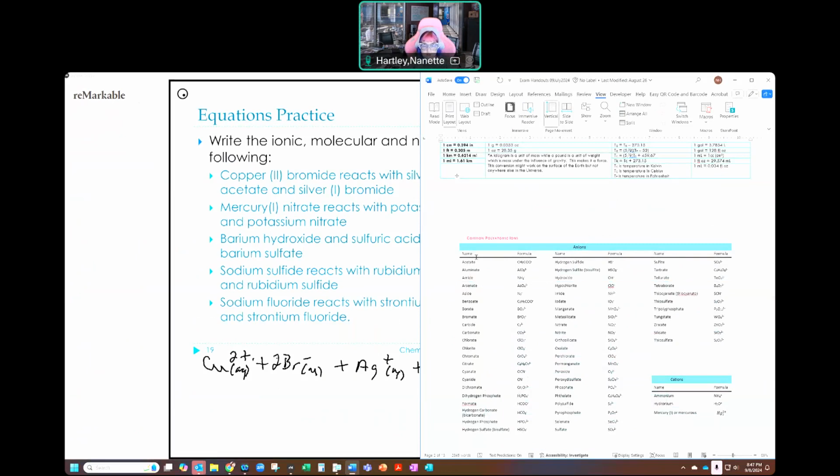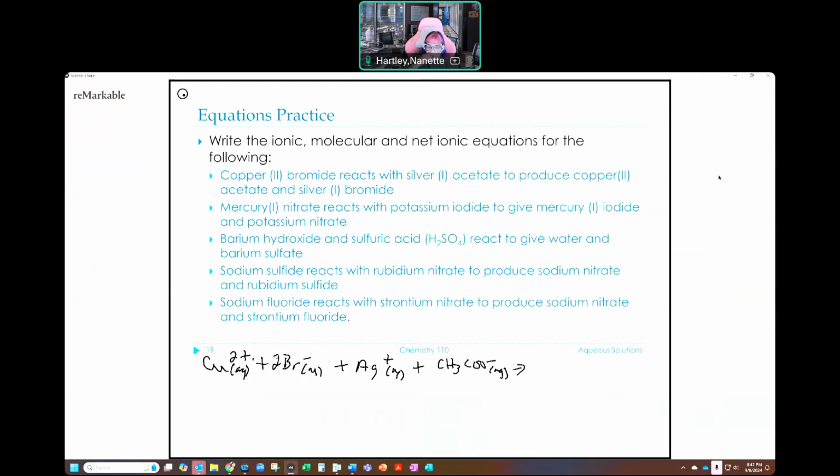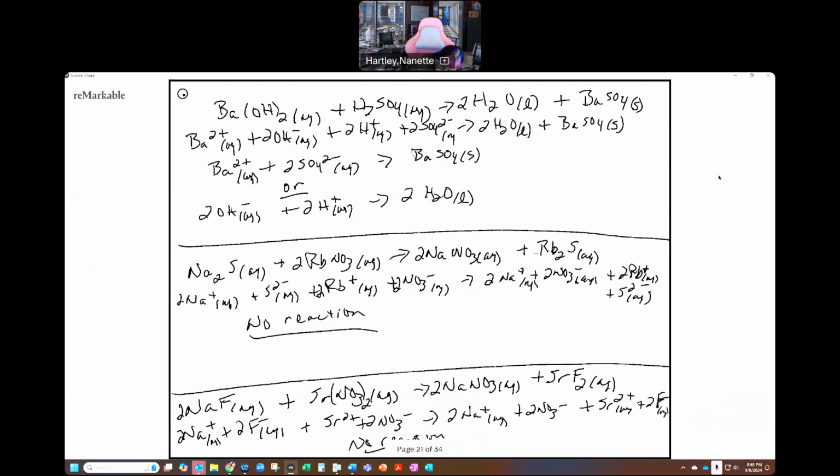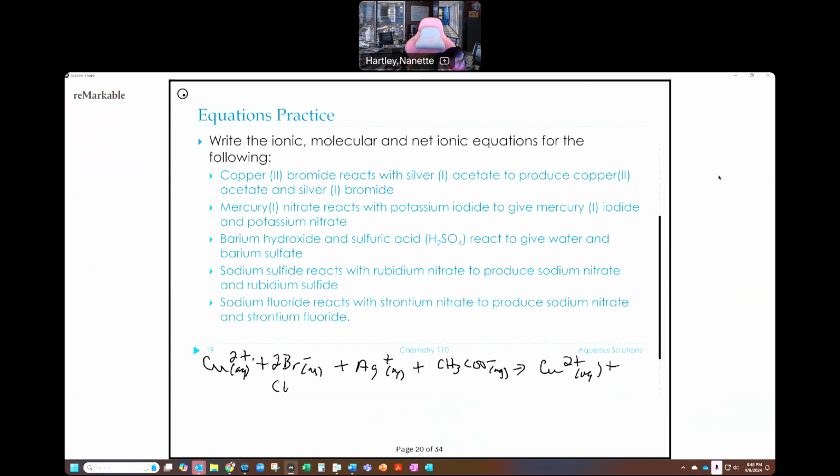That comes across and gives me the product, copper 2 acetate. So that's Cu2 plus aqueous plus CH3COO minus, and I'm going to need 2 of those, so I need to put a 2 out there. Aqueous. I'll check that in just a minute.